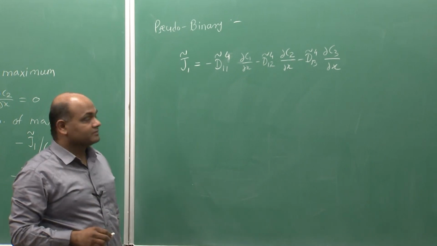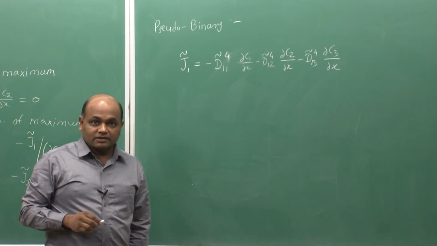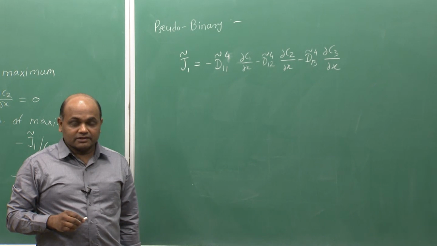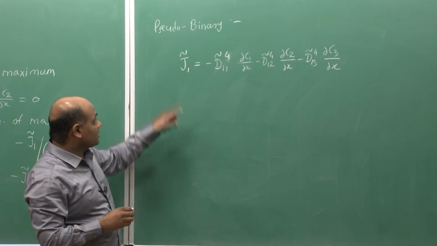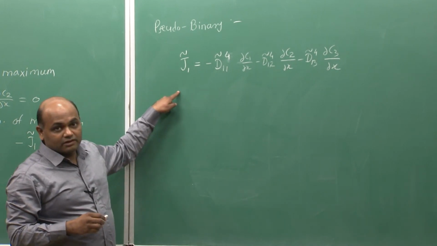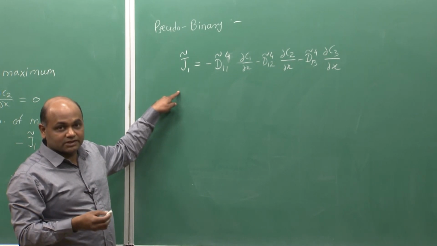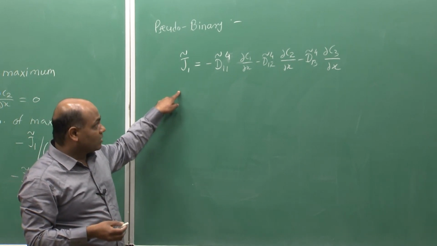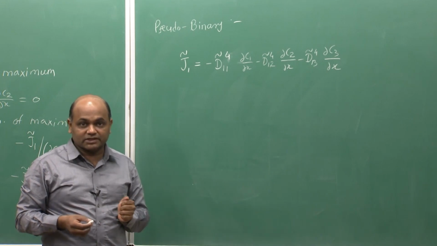x. And suppose we have selected the diffusion couples such that only component 1 and 4 have different concentrations in the 2 terminal alloys, but component 2 and 3 have same concentrations.